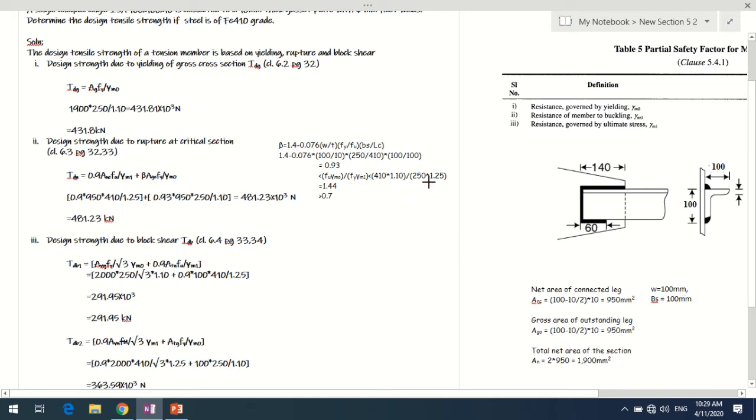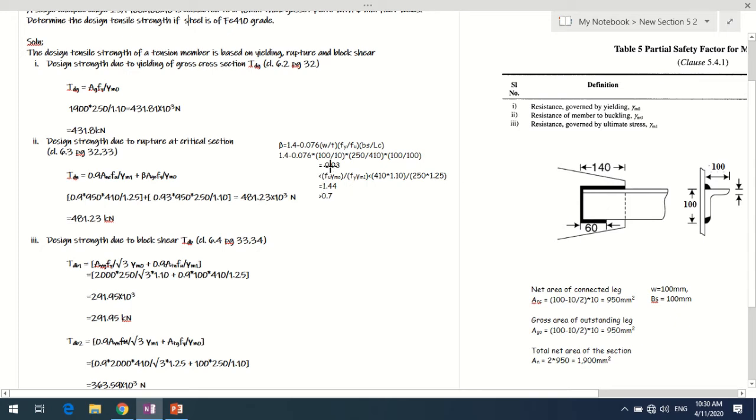So BS and LC have been used in this calculation of beta. Beta is the shear lag factor: 1.4 minus 0.076 into W by T into Fy by Fu into BS upon LC. W was 100 mm, T, the thickness of the angle, is 10 mm, Fy and Fu are 250 and 410, the yield and ultimate tensile strength of the material, BS is 100 mm as we have seen, and LC, calculated by taking the average of the two weld lengths, is 100 mm.